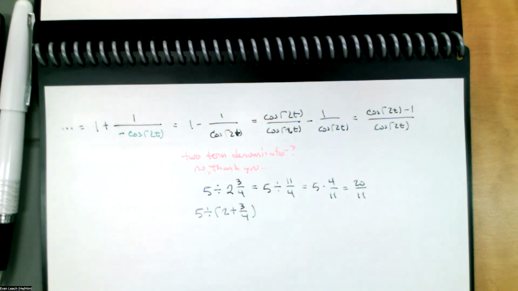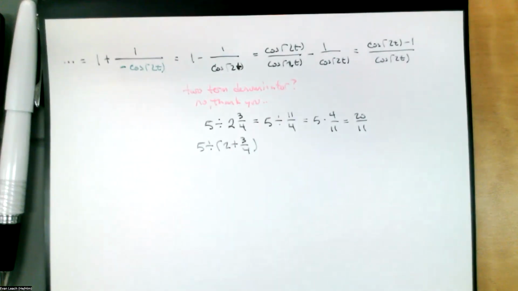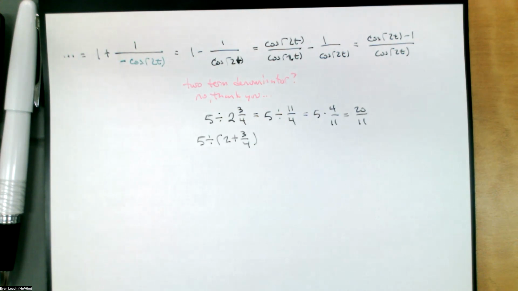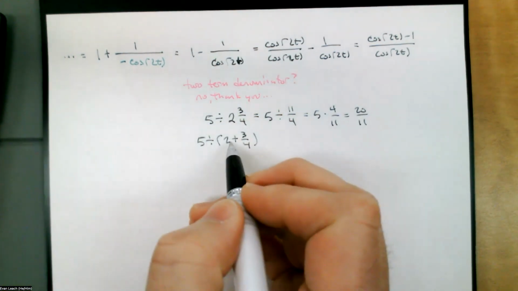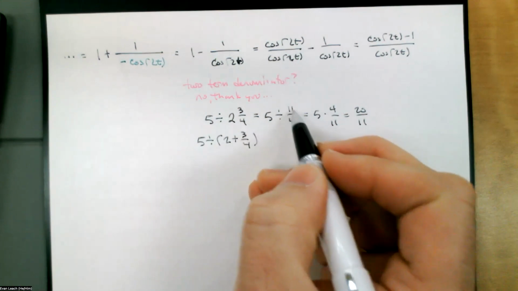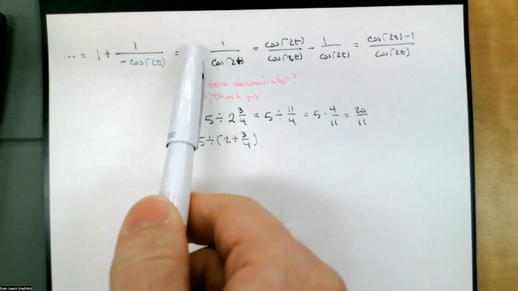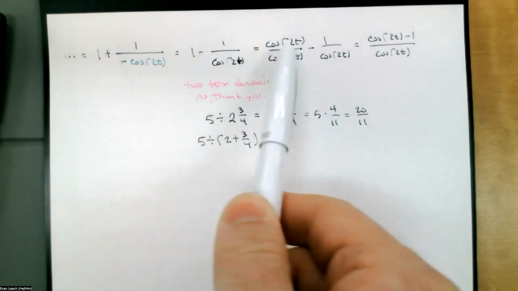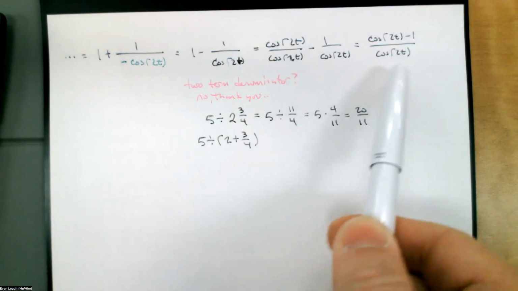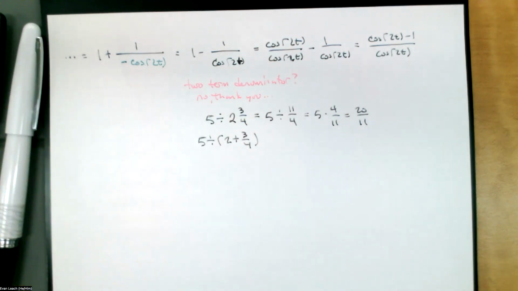That 2 3/4 written as a mixed number is a two-term denominator, and we didn't like it then, so we don't like it now. And we did exactly the same thing. 4 times 2 is 8, plus 3 is 11. That's my new numerator. Cosine of 2t times 1 minus 1 is cosine of 2t minus 1, and that's my new numerator. We did the same thing.